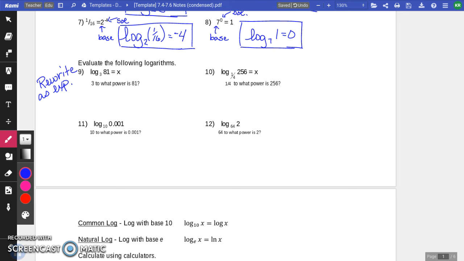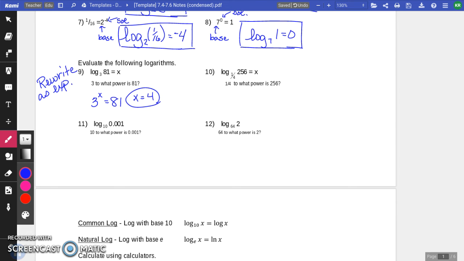My base is 3, so log base 3 of 81 equals x. This would be 3 to the x power equals 81. Now you're solving this, trying to figure out what exponent. 3 to the 4th power would be 81, so x equals 4. 3 to the 4th is 81.